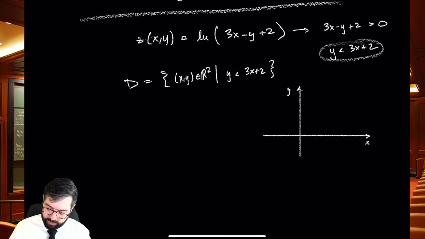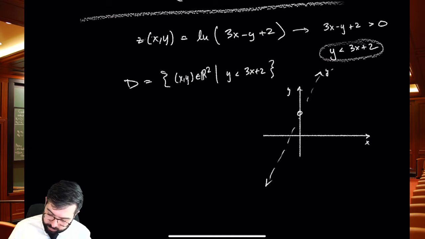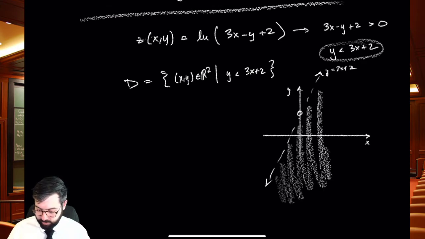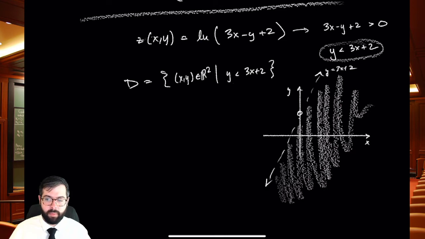On the xy plane, 3x plus 2 is a line that we're not including. So here's y equals 3x plus 2. We're talking about all sets of pairs where y is less than that. So what's that? That's all these points here. So this is my domain D.